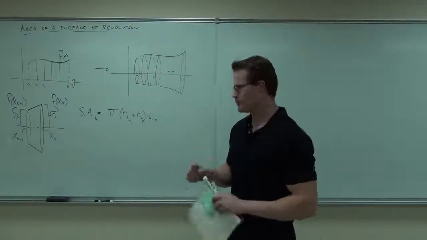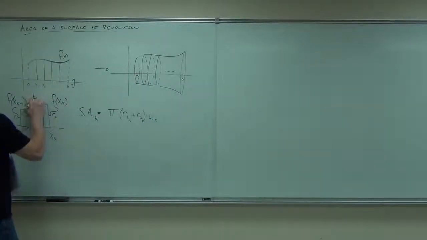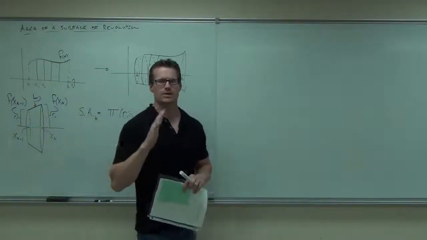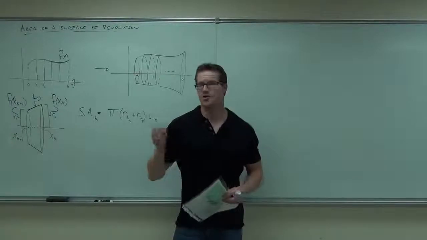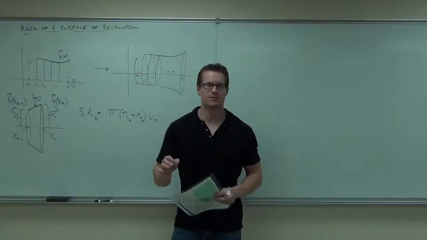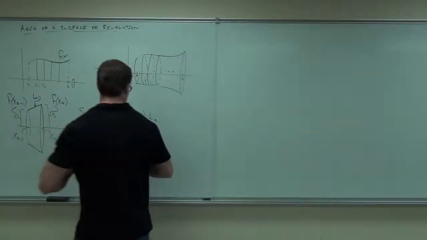Now how about L? What we call L is the diagonal distance of our frustum, how far it is from here to here. Now, fortunately for us, we've already found out how to find the length of the curve. We know that L was this.